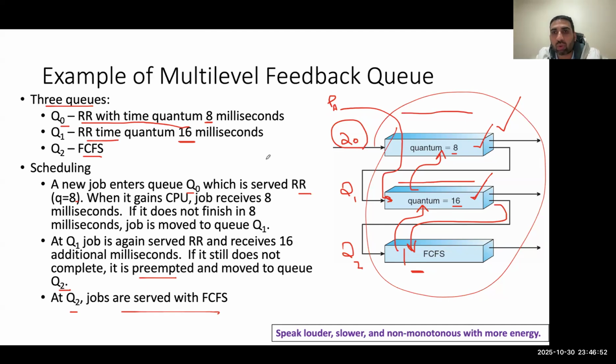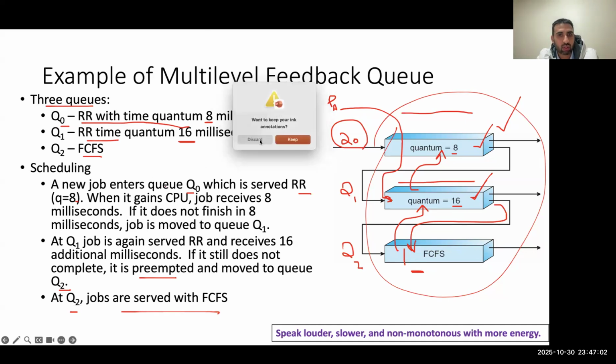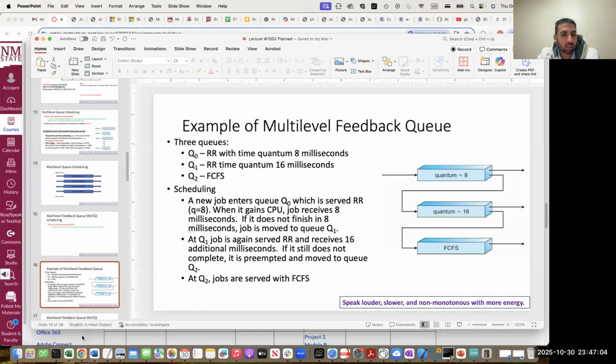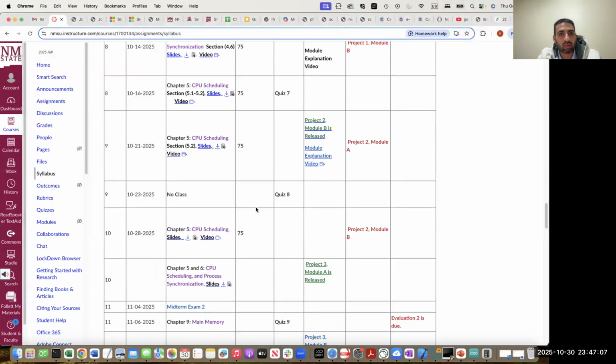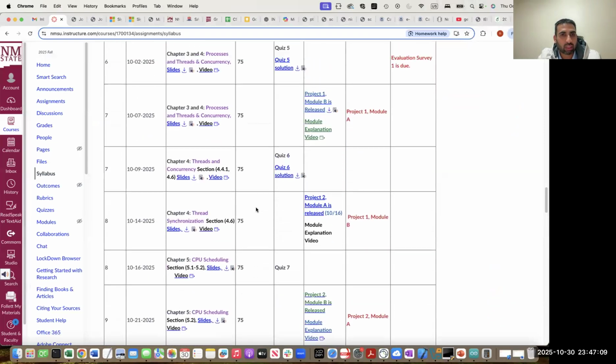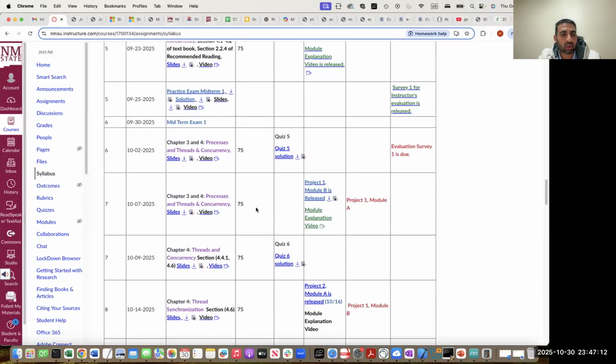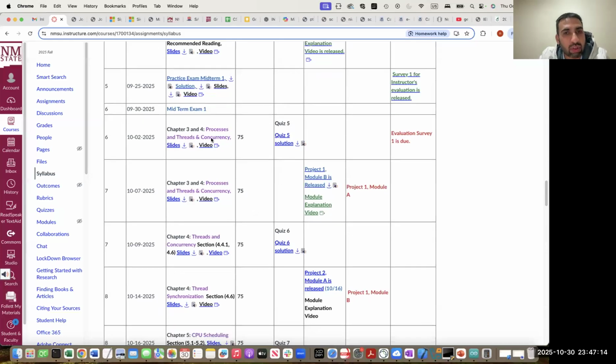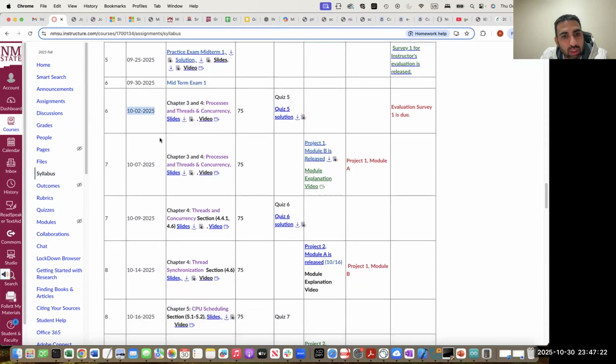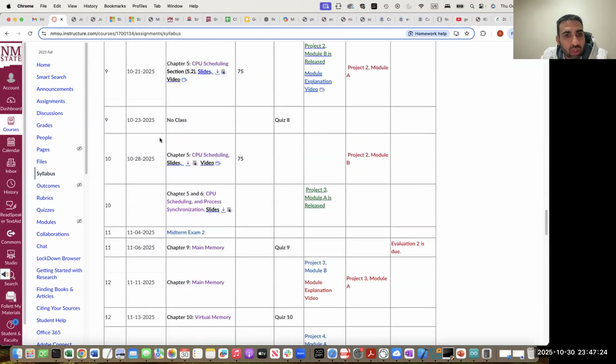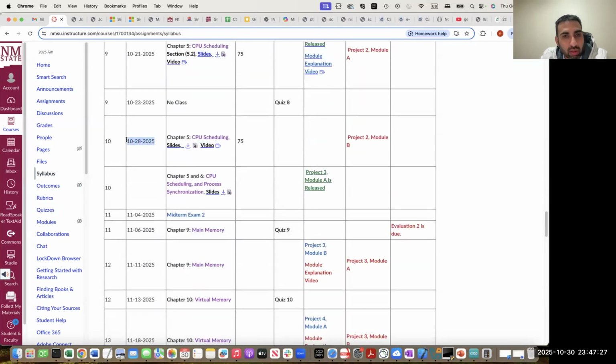Here is the question from a student. What topics will the midterm cover? Is it from chapter 4, threads and concurrency, to chapter 5? Okay, let me answer that by looking at the syllabus. We had the midterm at 0930. It will be whatever we have covered after the midterm 1 exam, starting from 10/02, so 2nd of October to 28th of October, not today.